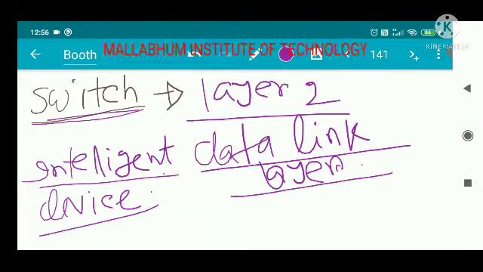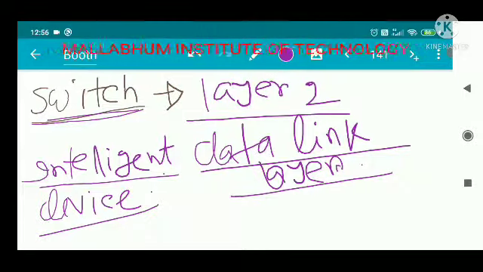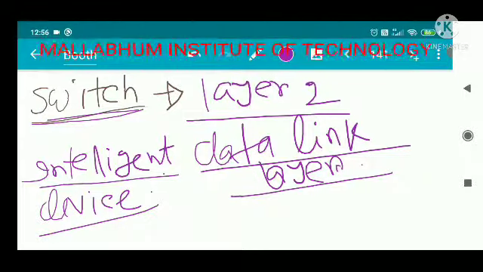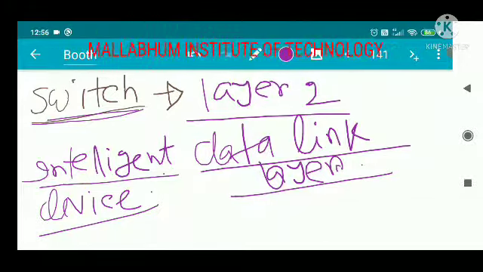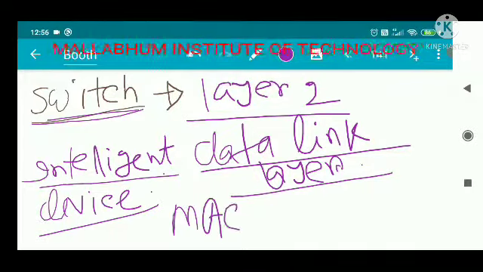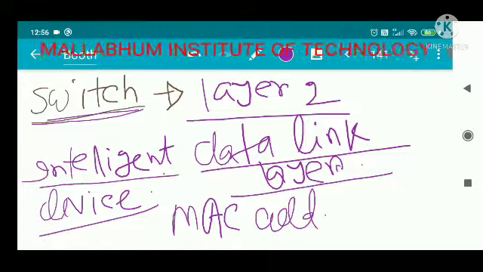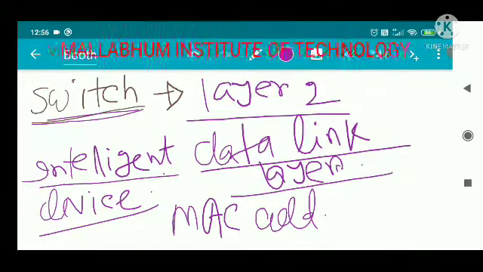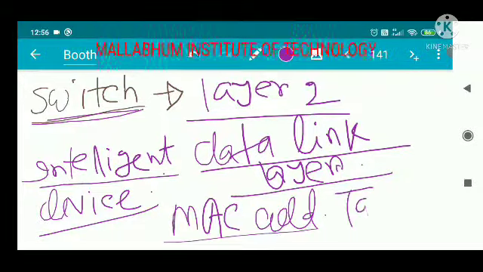Because it operates on the MAC address table. As it is a layer 2 device, it stores the MAC address table. MAC address table means the physical addresses of the different stations.